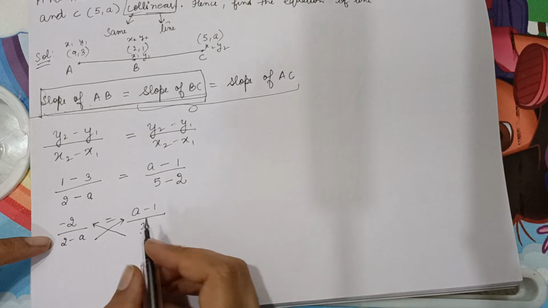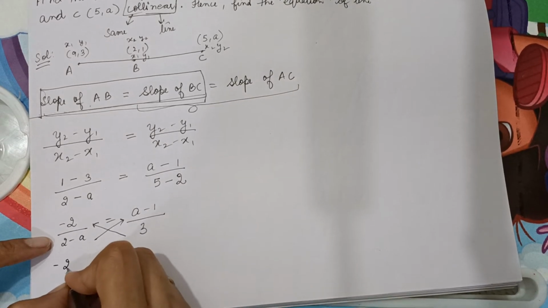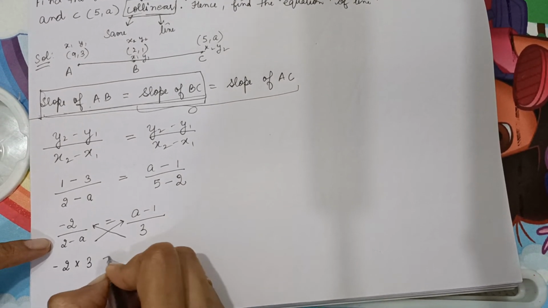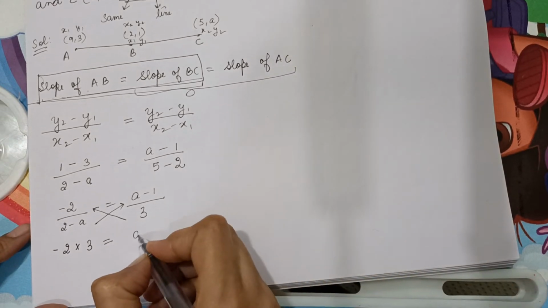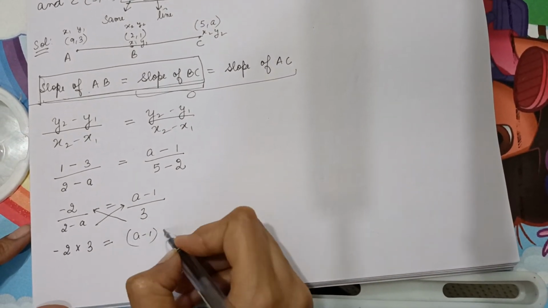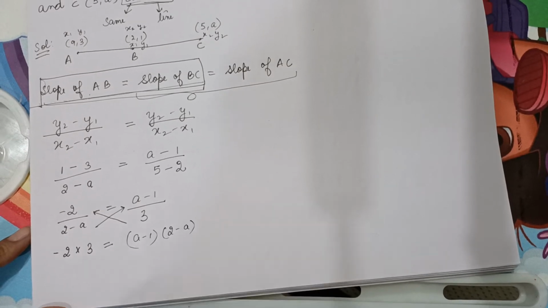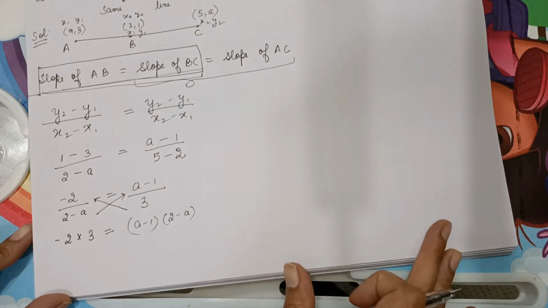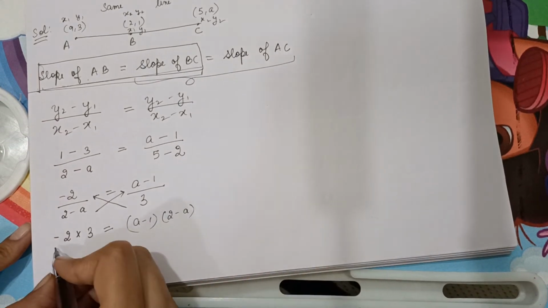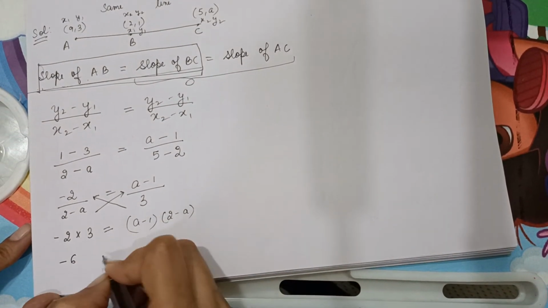When the 3 shifts, it gets multiplied with minus 2, so it becomes minus 2 into 3, and a minus 1 into 2 minus a. So minus 2 into 3 is minus 6.